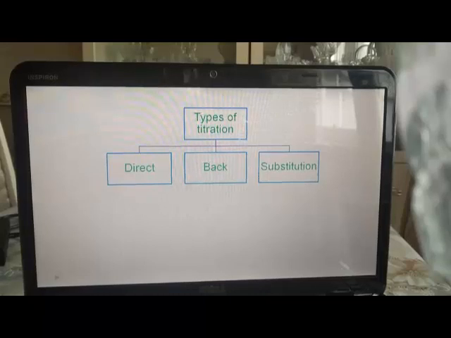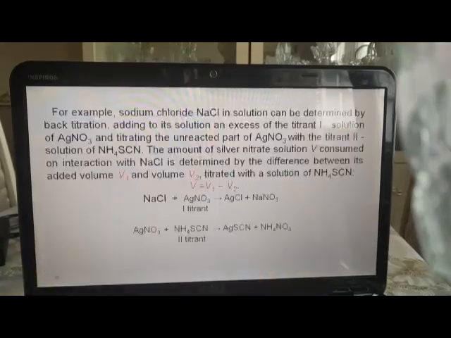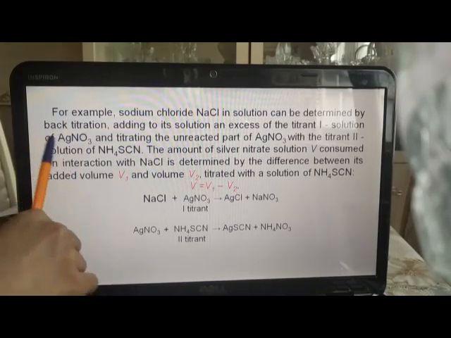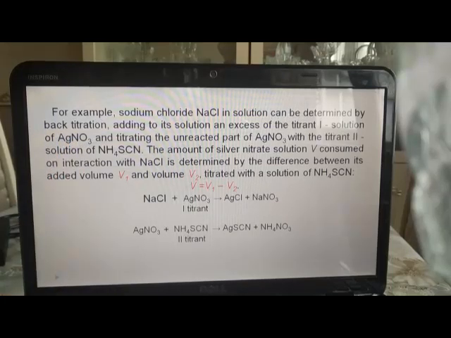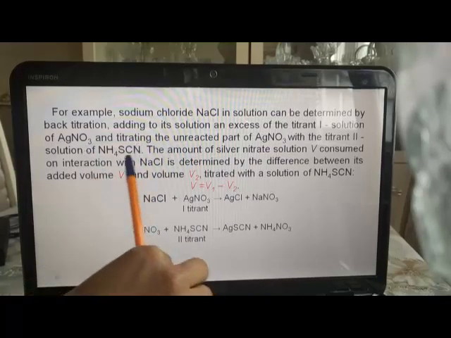There are three ways of titration: direct titration, back titration, and substitution titration. For example, sodium chloride in solution can be determined by back titration, adding to its solution an excess of the first titrant, silver nitrate, and titrating the unreacted part of the silver nitrate with a second titrant solution, ammonium rhodanate or ammonium thiocyanate.